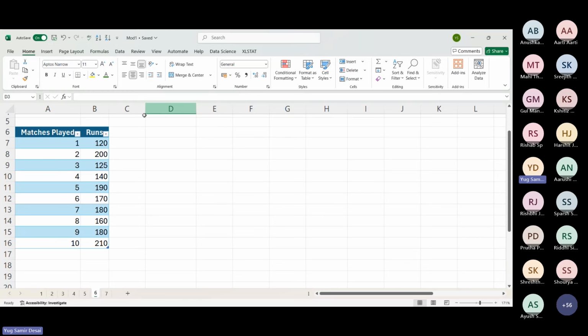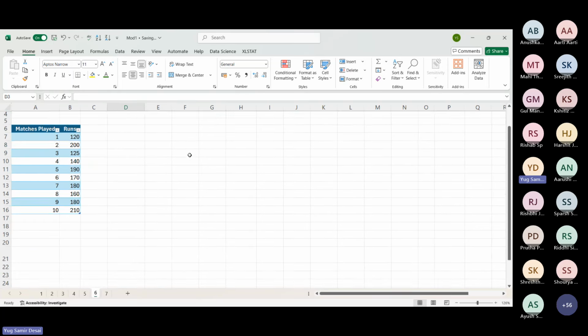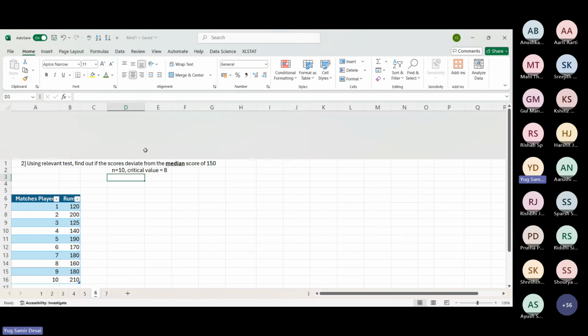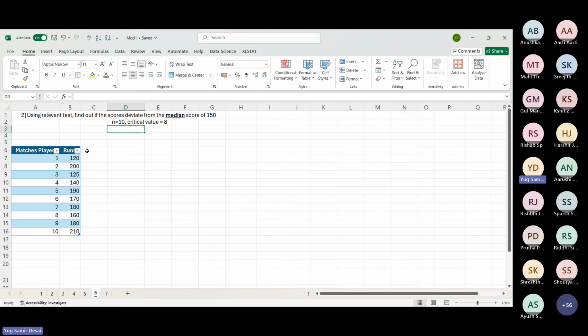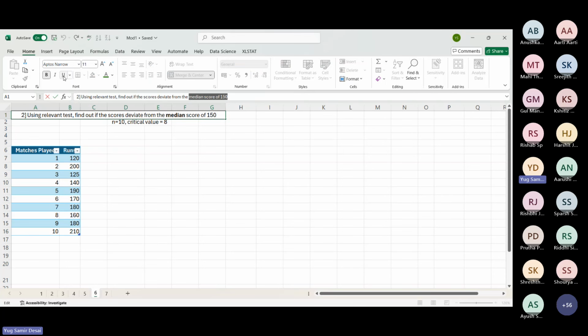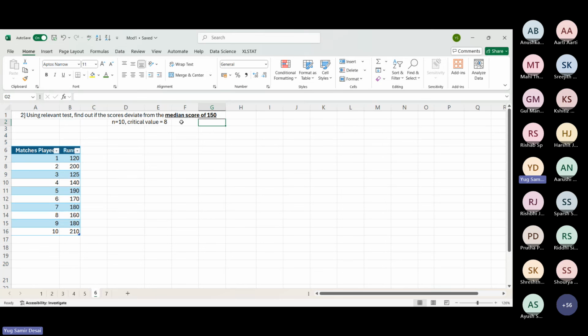Our approach: firstly, how would we identify that the question has to be solved via the Wilcoxon signed rank test? Here we have been given a median score of 150. If the median is given, it's a no-brainer, we should go for a Wilcoxon signed rank test.